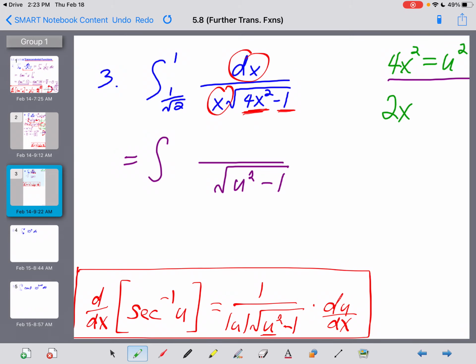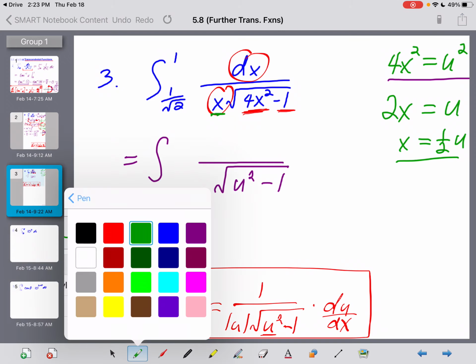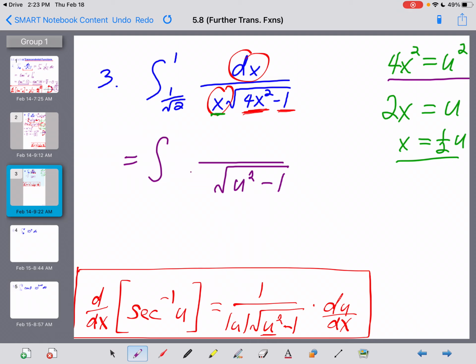So we're going to get 2x is equal to u. Let me divide by 2 on both sides and get x is equal to 1/2 u. Now that's important right there, guys. This x just got replaced by 1/2 u. So that x becomes 1/2 u. A little bit ugly, but not too bad.